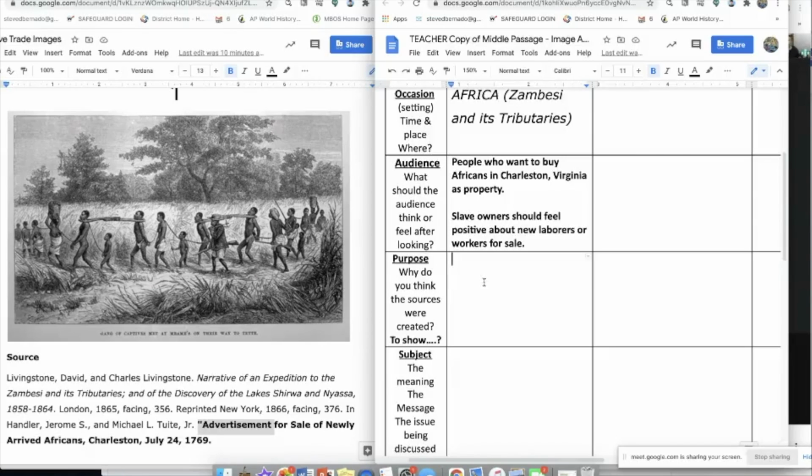So why do you think this source was created? Well, it's an advertisement. An advertisement created to improve the sale of Africans in the Americas, in order to increase business.